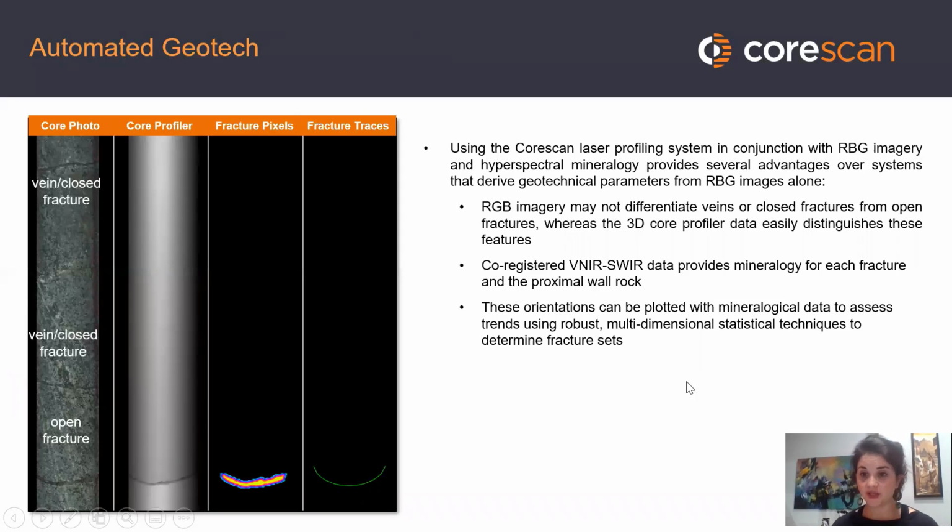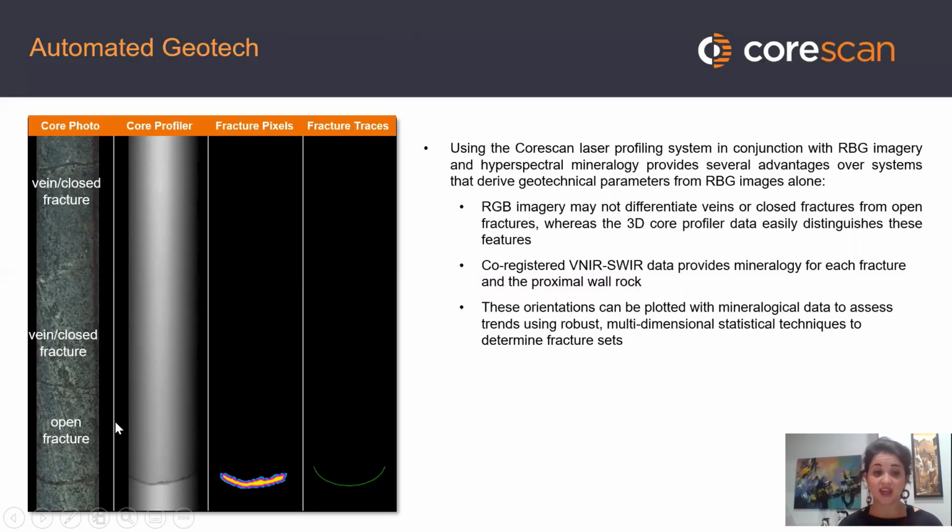And the final thing that I really wanted to touch on was that in addition to having all this incredible mineralogy, we also have geotechnical capabilities. We have the laser profiler for core morphology, but because we have it co-registered with the photography, using that in conjunction with this RGB imagery provides advantages over other systems because you can tell whether something is, for example, a fracture or actually a vein.